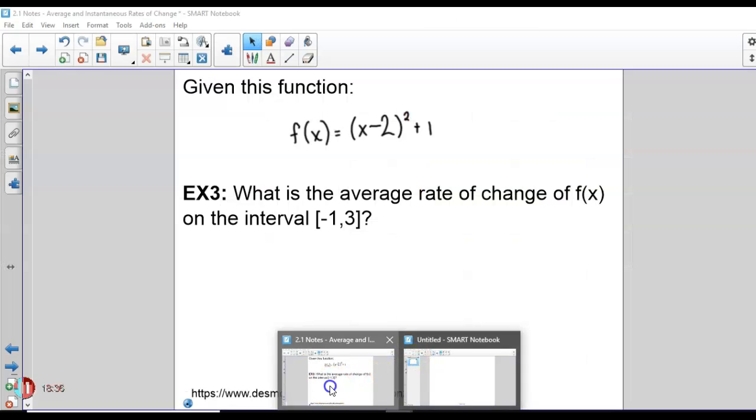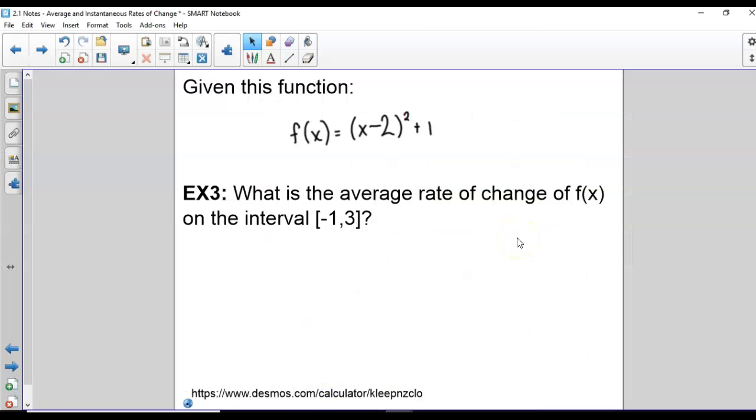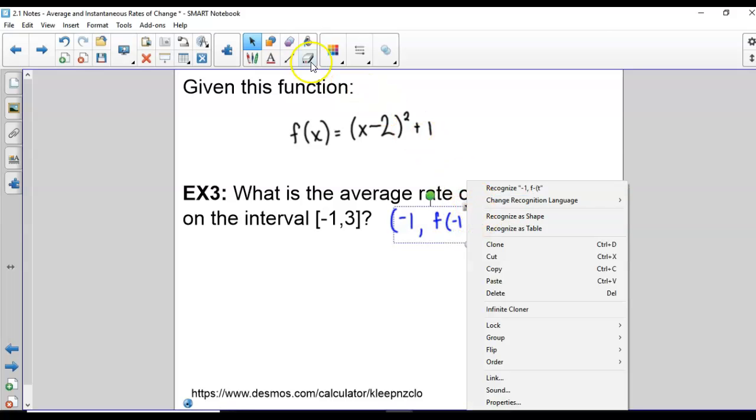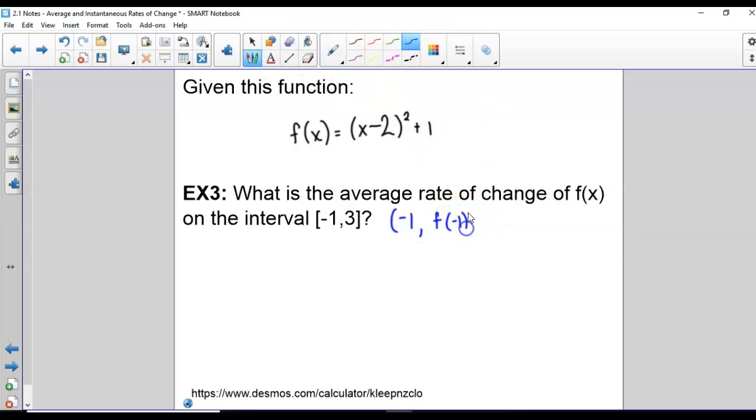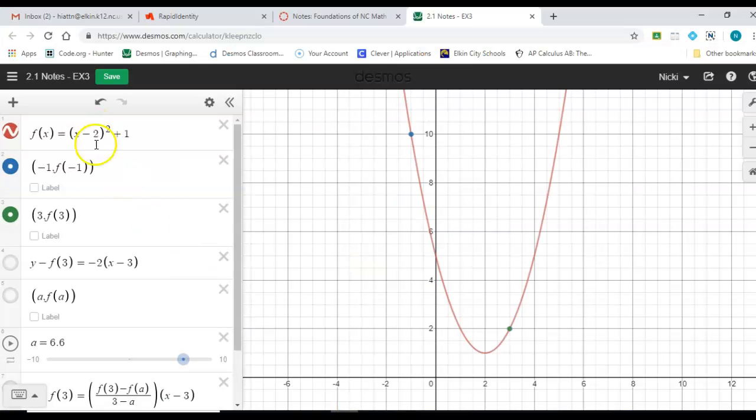So in order to find the slope of that line, whenever we find the slope through the endpoints, I'm going to write it this way just because theoretically AP likes to give you these problems without actual numbers in it. They like to use this notation. So -1, f of -1. That is the point at -1. You'll see on my graph here, that's how I put it in.